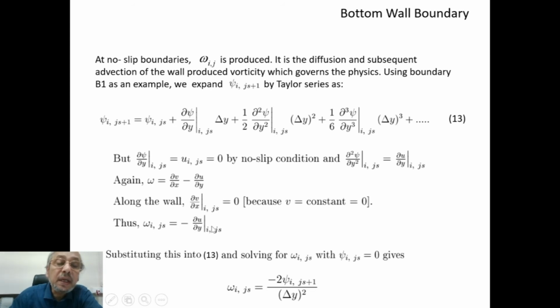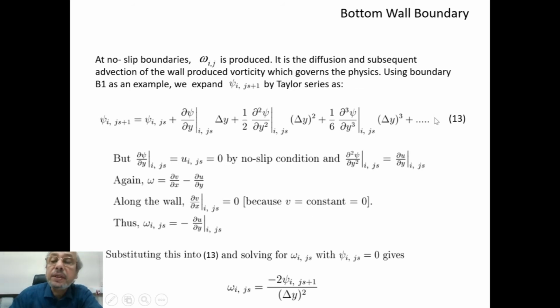It is present at the wall, so minus del u del y at ijs. Now, as we wrote just two steps before, del 2 psi del y2 at ijs is del u del y at ijs. So omega is minus del u del y at ijs, and we can also say it is minus del 2 psi del y2 at ijs.